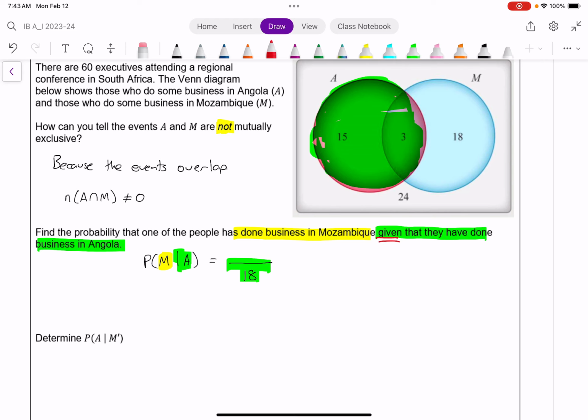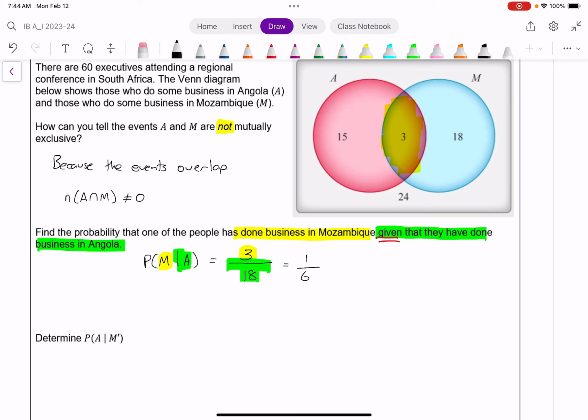So I know that's my total group. Of that total group, who has done business in Mozambique, just this section that overlaps right here, the 3. So I have a 3 in 18 chance, which reduces to 1/6. So that's the probability that someone has done business in Mozambique, given that they have done business in Angola.